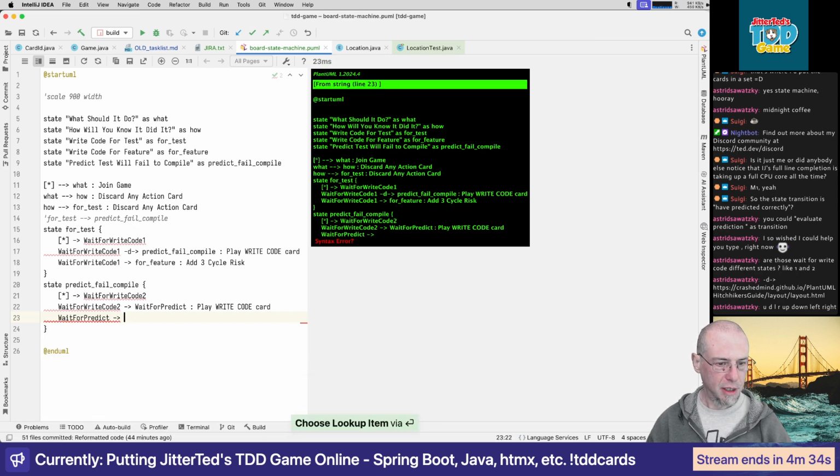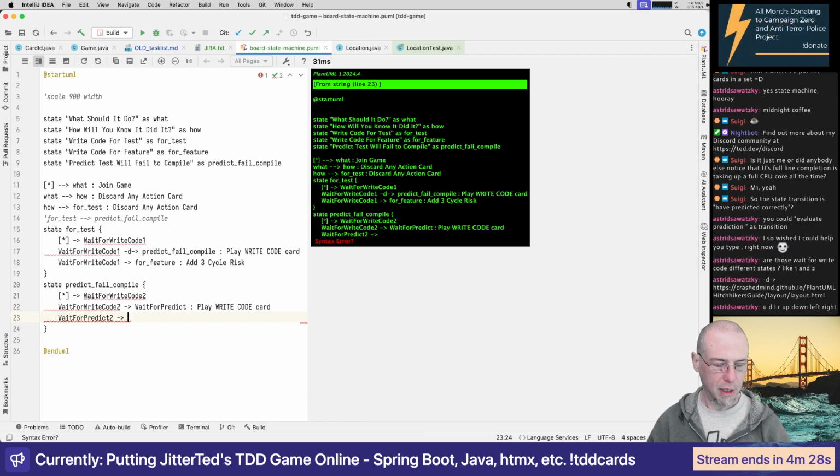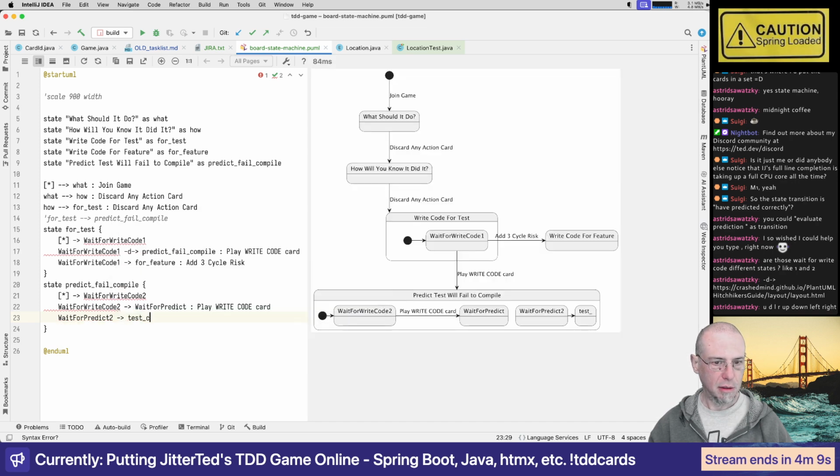So wait for predict, I'll call it 2 for now, to the next tile, which is test compiles.